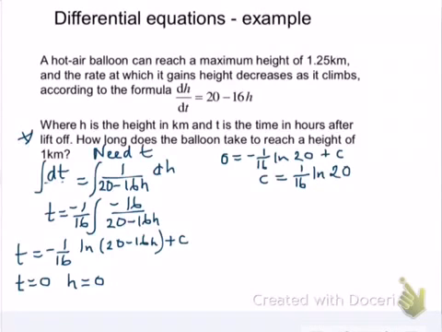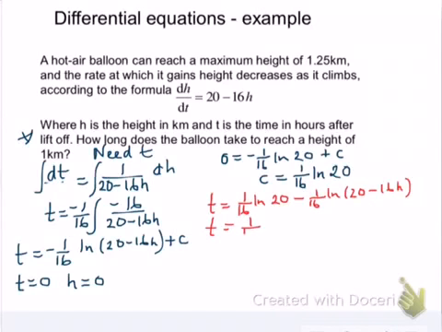Now, substituting this back in, I can work out what t is. I think I'll change colour so you can tell. So now I can say that t is equal to, I'm going to put my c first because it's positive, 1/16 ln 20 minus 1/16 ln(20 minus 16h). I can take out my highest common factor here.